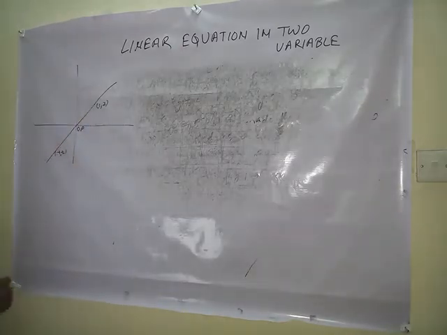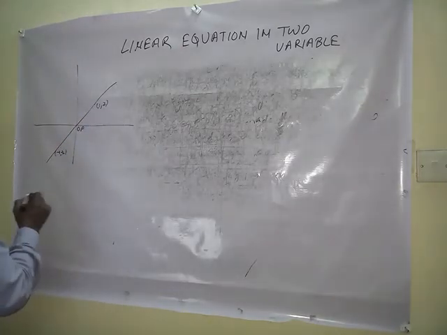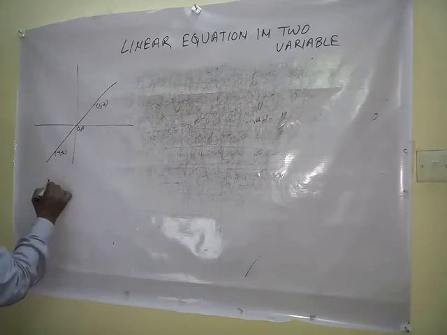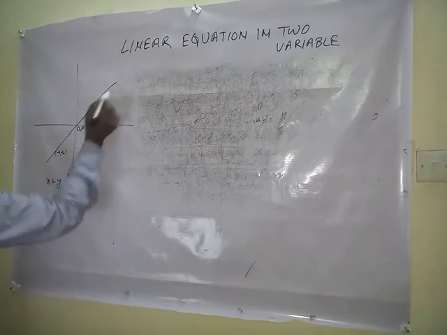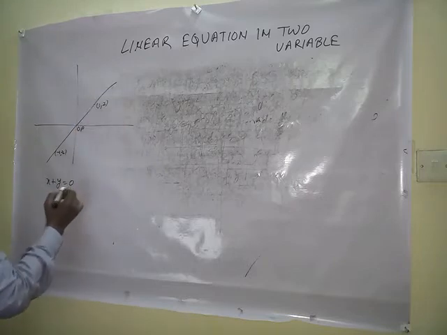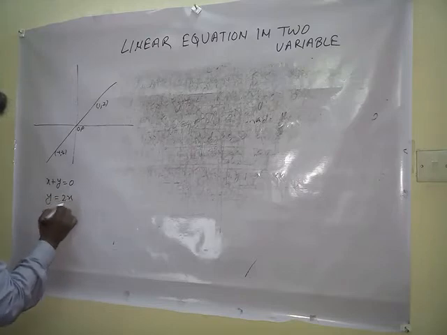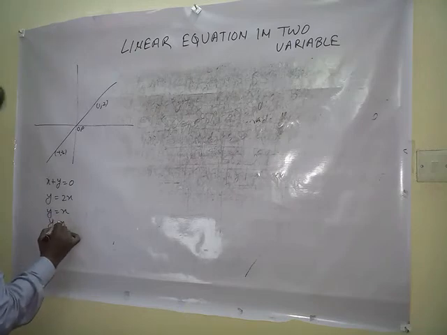This line is given, and you have been asked which line satisfies this graph: x plus y is equal to 0, y is equal to 2x, y is equal to x, or y is equal to 2x plus 1.